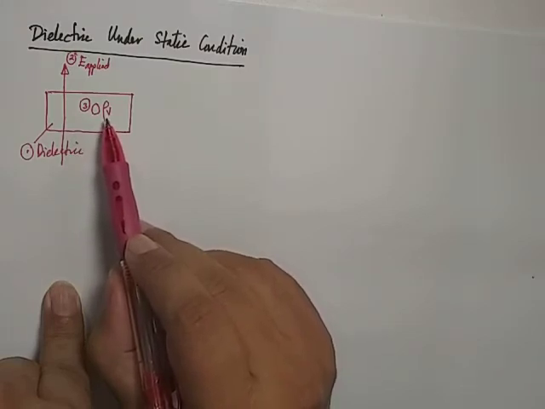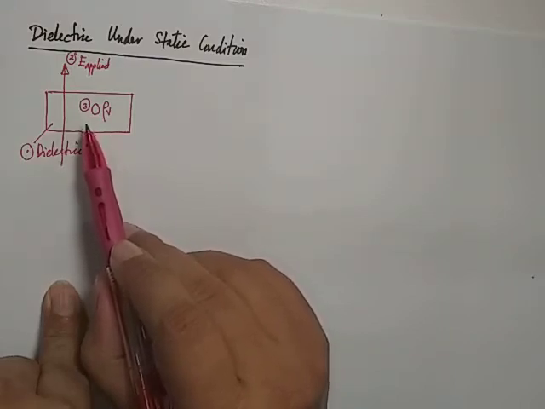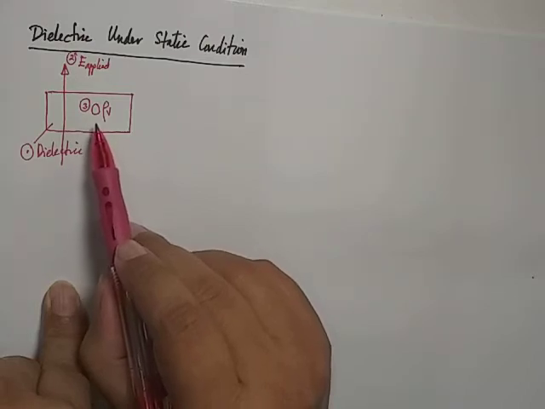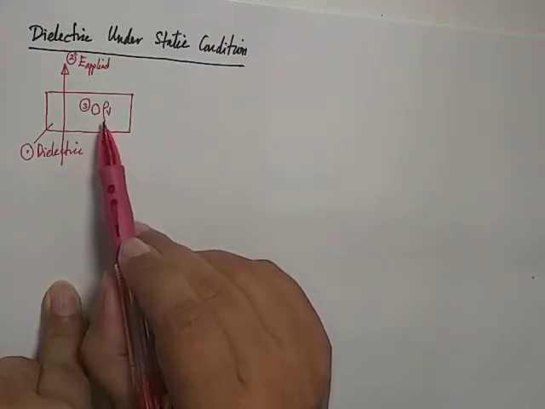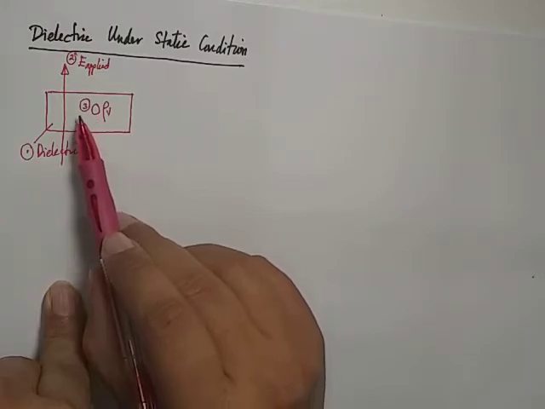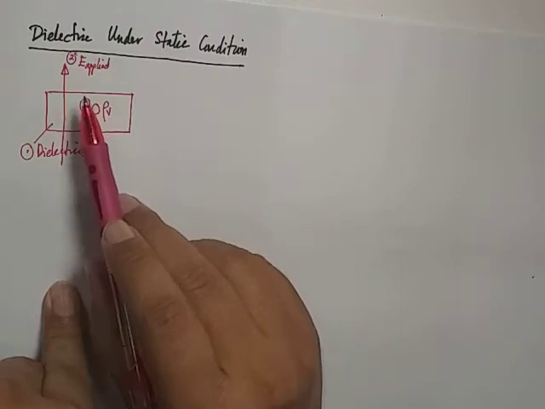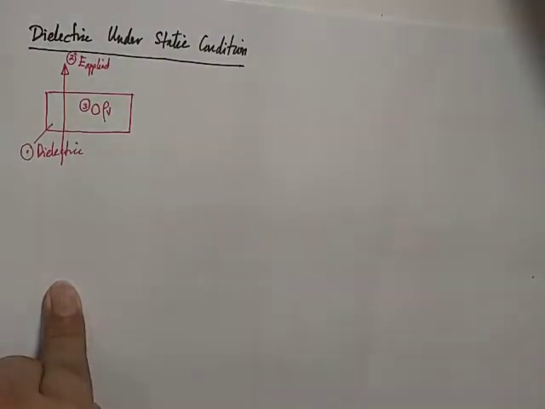In other words, volume charge in a conductor exposed to electric field will be equal to 0. So let's talk about what happens to rho v, the volume charge density, in a dielectric when exposed to an applied electric field. That should be our interest now.